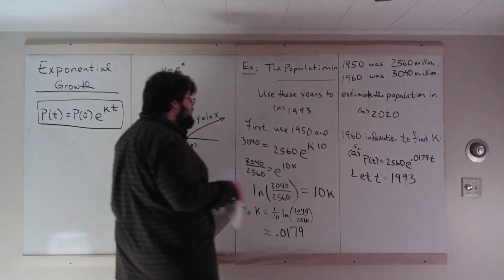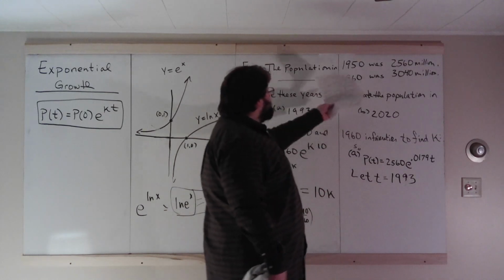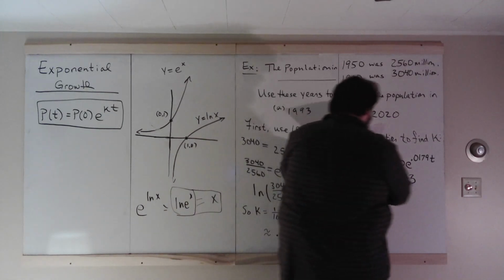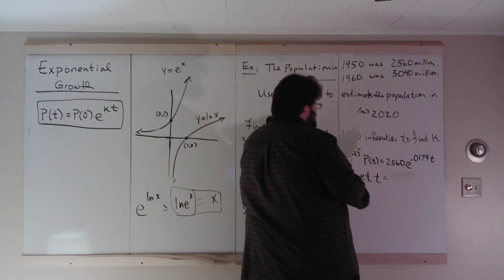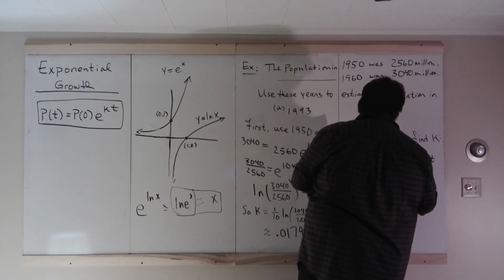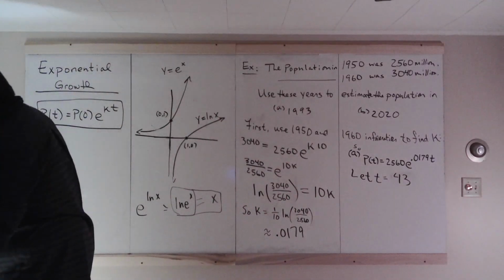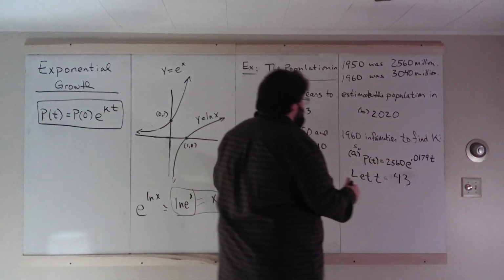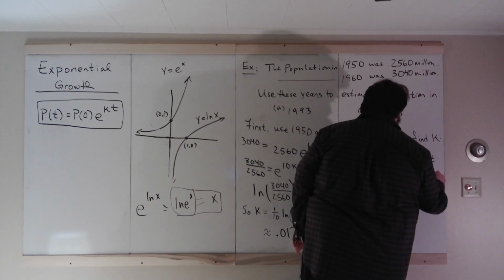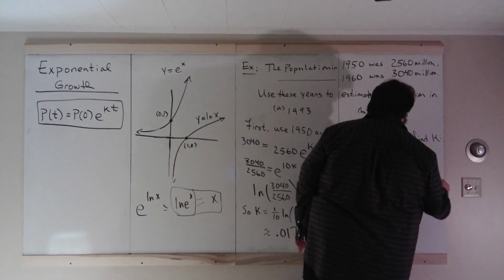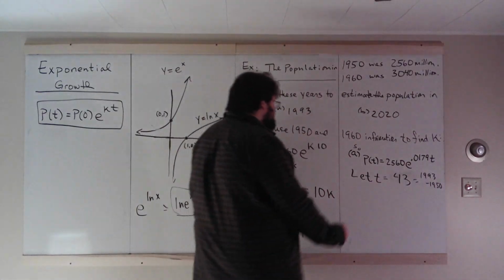So in 1960, t was 10. Here, from 1950 to 93, well, that's 43 years. So you would not let t equal 1993. You would let t equal 43. That's 1993 minus 1950. t is 43 years after our base year, so that gives the population.